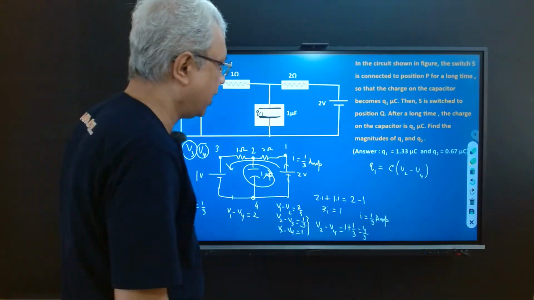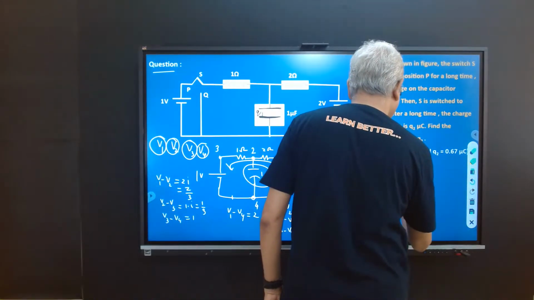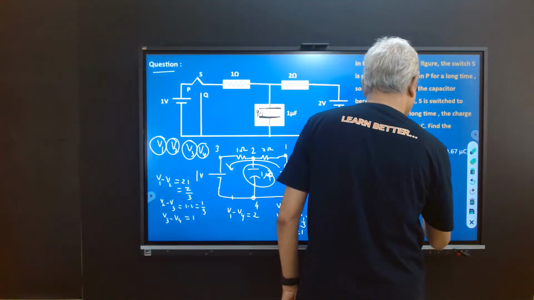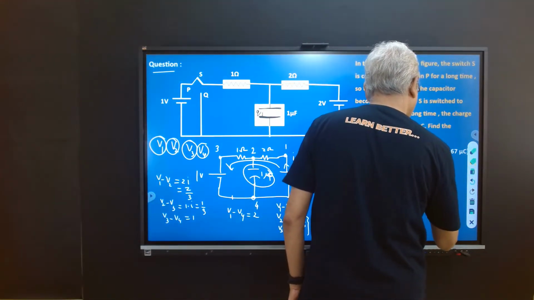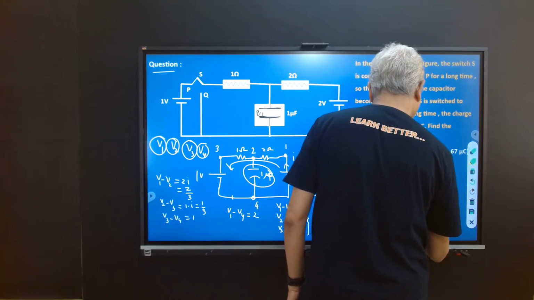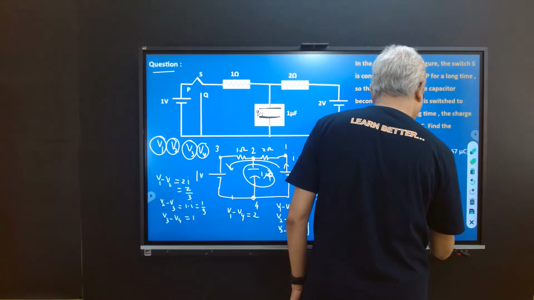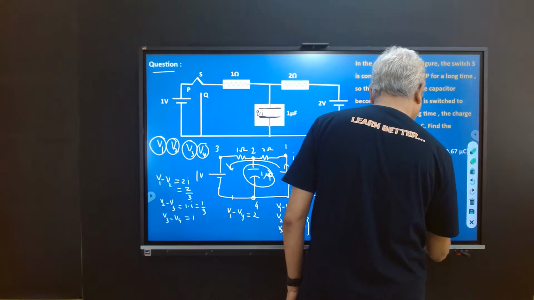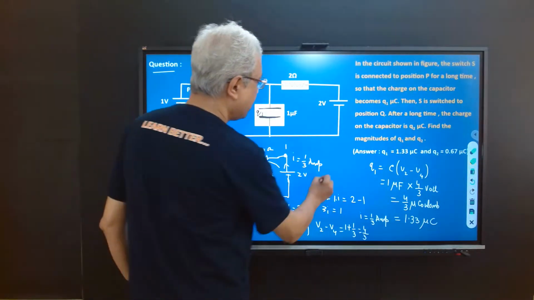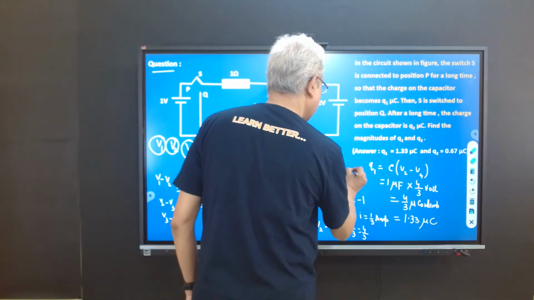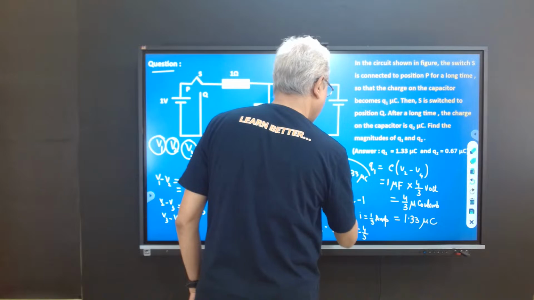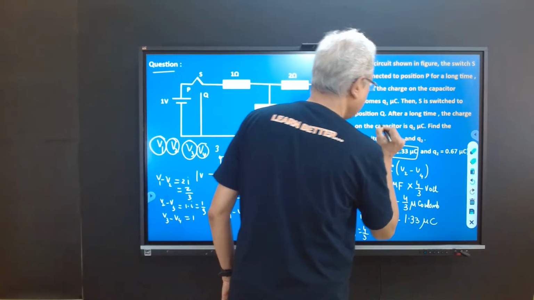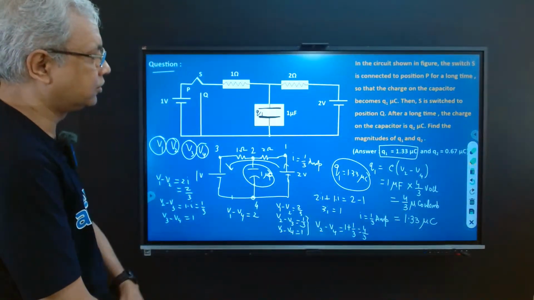C is 1 microfarad, and V2 minus V4 we have calculated as 4/3 volt. So Q1 is 4/3 microcoulomb, which is 1.33 microcoulomb. Okay, so this is the thing.